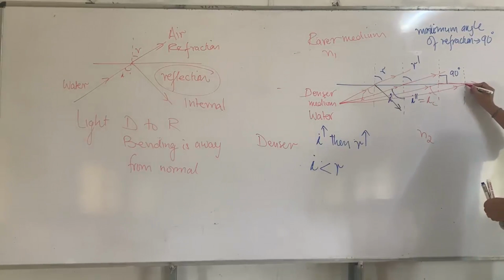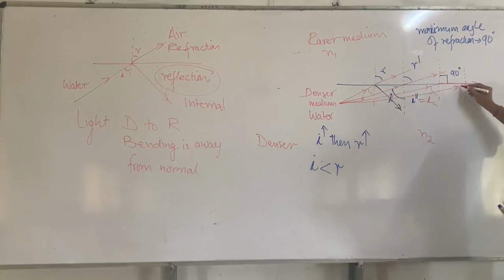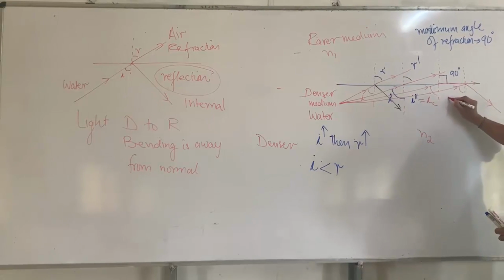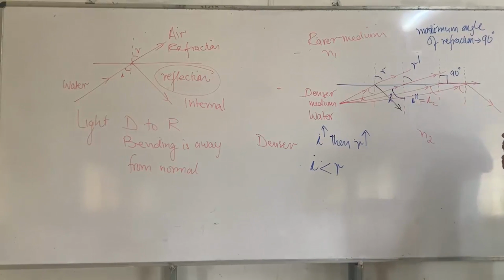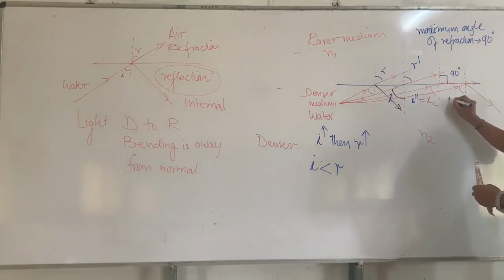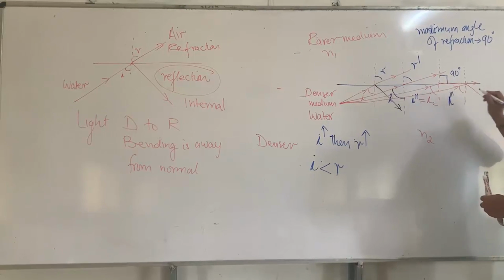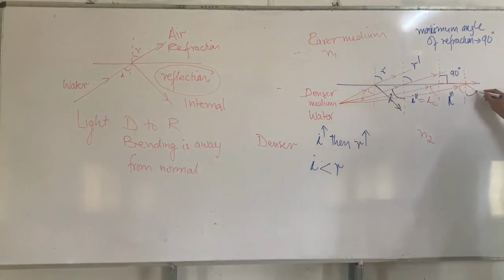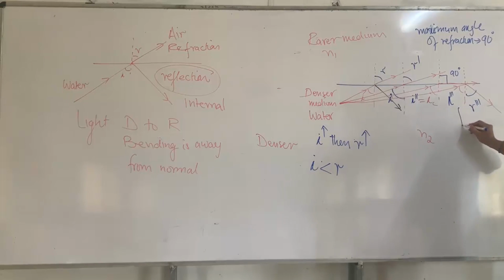There is only reflection taking place. So this is, let's say, I'll use a blue pen, I triple prime, which is equal to R triple prime. These two are equal. Alright. This is what we call total internal reflection.